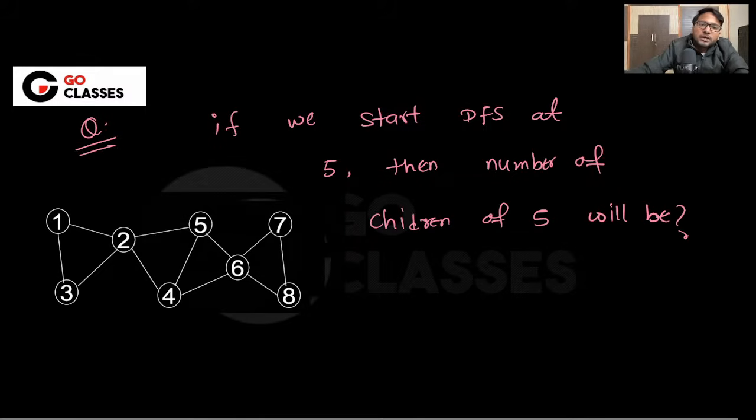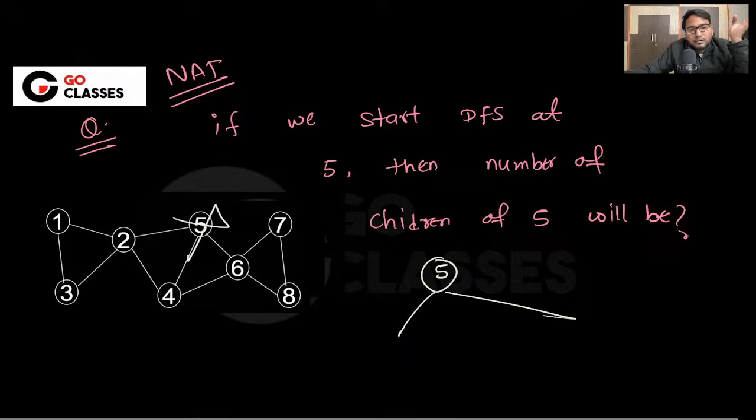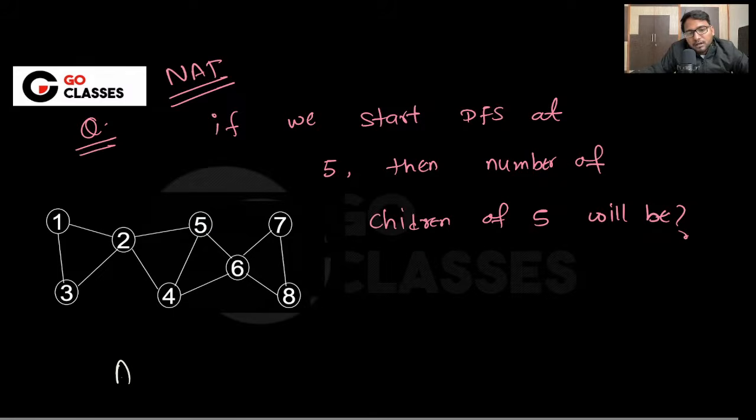Let's suppose this is a NAT question. Do you really need to make the DFT to solve this question? How many children will 5 have if you make the DFS starting at 5? Definitely only one. It cannot have 2 because it's not the articulation point. So the answer is 1.